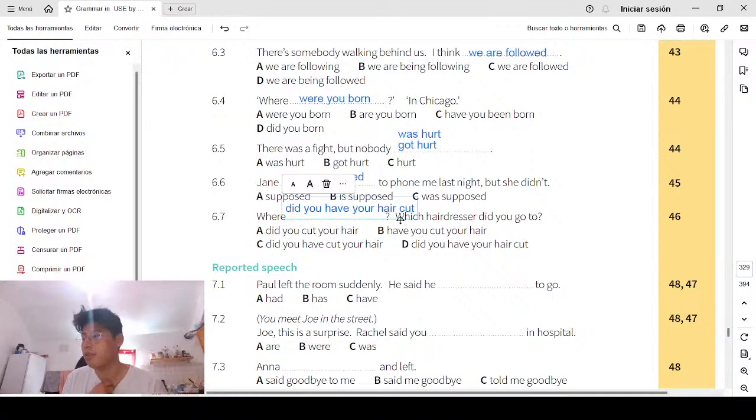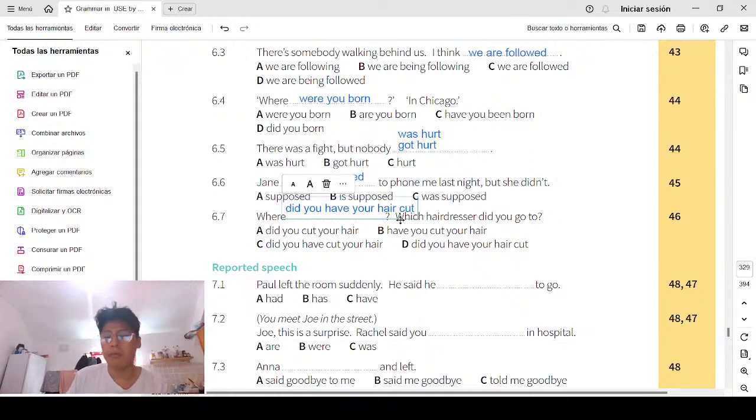Okay, so basically we're talking about having something done. It's basically when you arrange for somebody to do it for you. For example, where did you have your haircut? Which hairdresser did you go to?